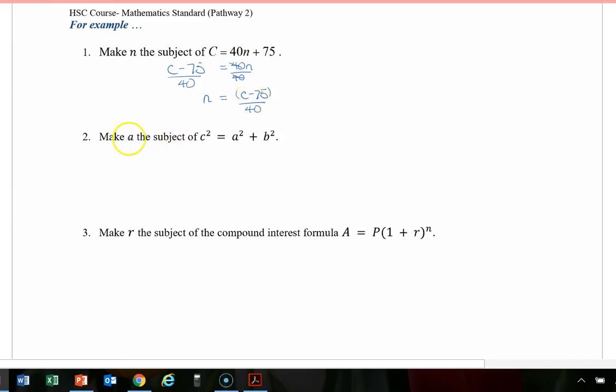Example 2, make A the subject. So here's A. And again, we're going to pick up the plus B squared and bring it over. And again, not because we can simplify this, but because we're wanting to get A by itself. Make A the subject, interpret that as get A by itself.